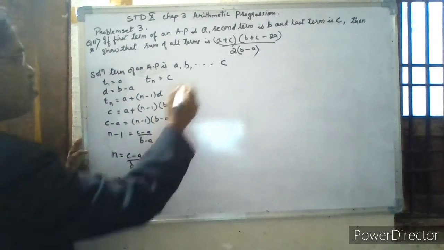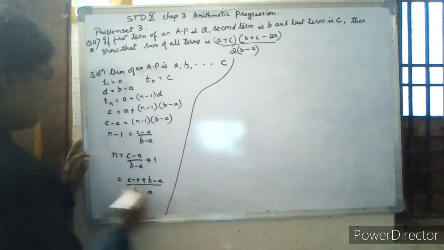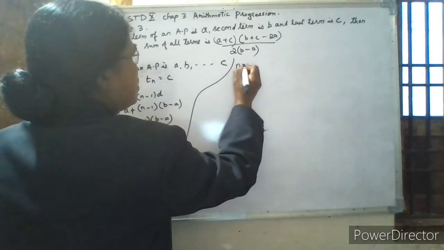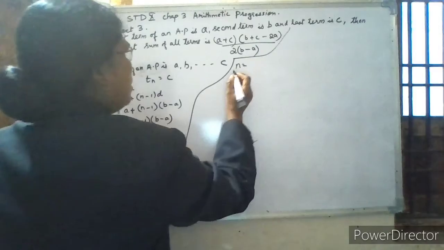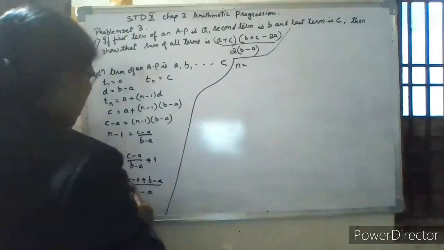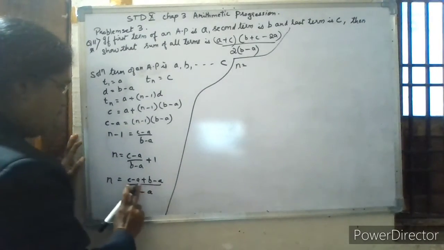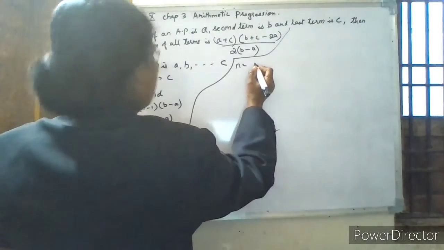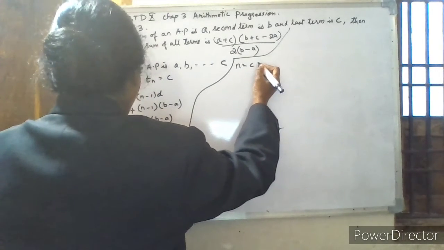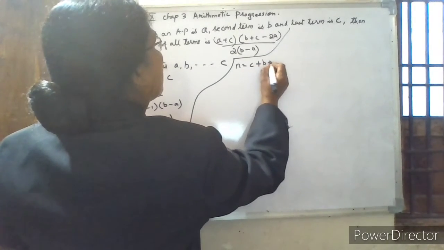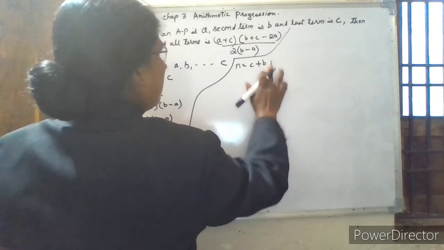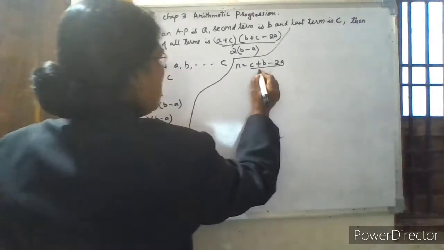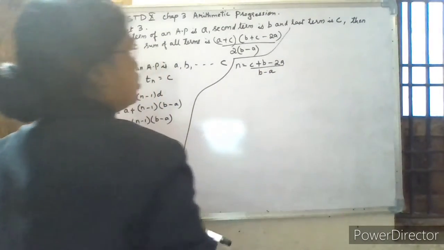Now when we solve this, n will be equal to what? See, A and minus A gives minus 2A. So here C plus B minus 2A upon B minus A. We got it in this form.